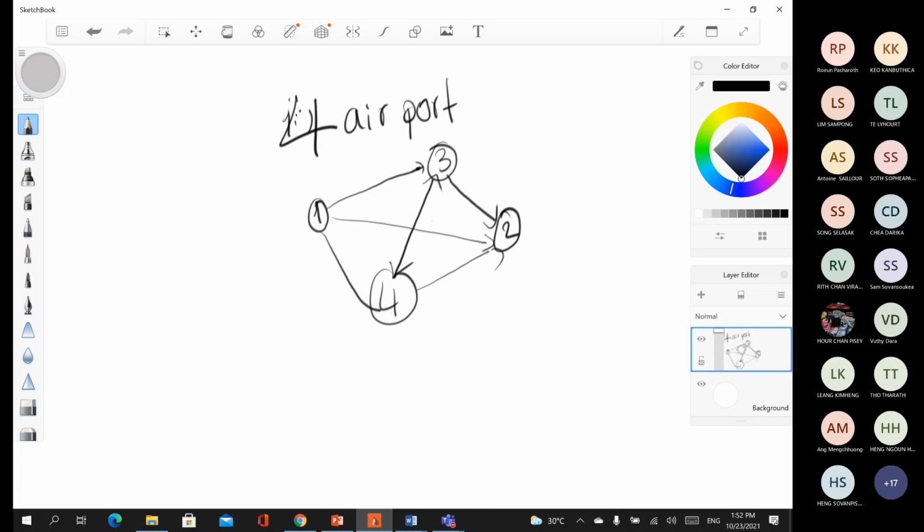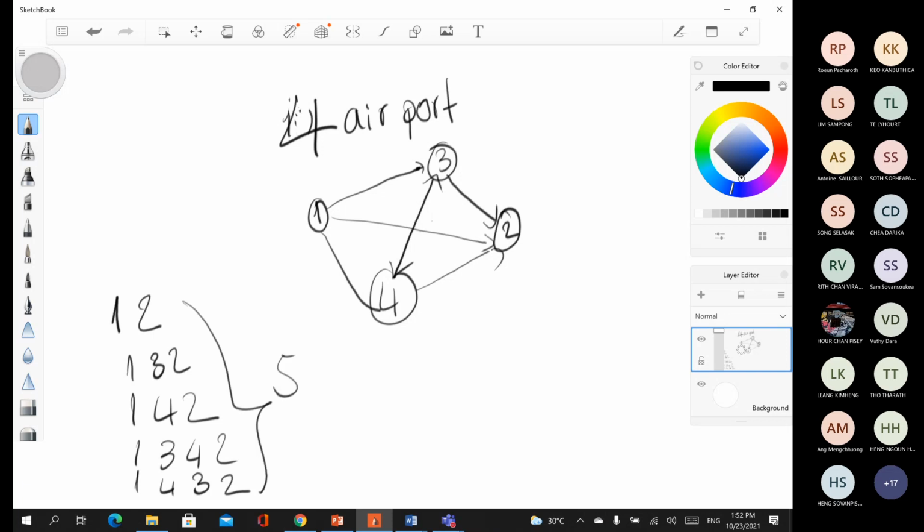So to provide the paths for the plane, you have 1, 2; you have 1, 3, 2; you have 1, 4, 2; you have 1, 3, 4, 2; or you have 1, 4, 3, 2. So to reach our destination, we have 5 possible paths, 5 solutions.